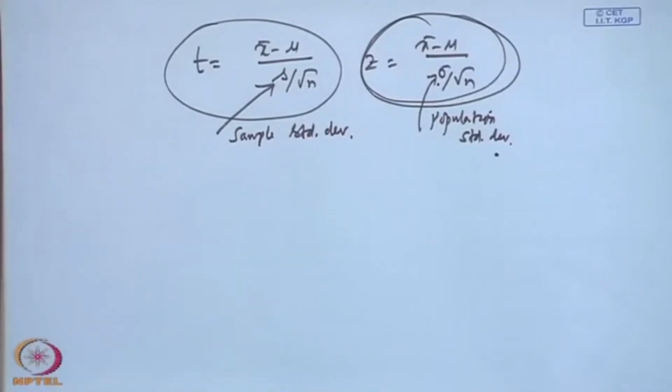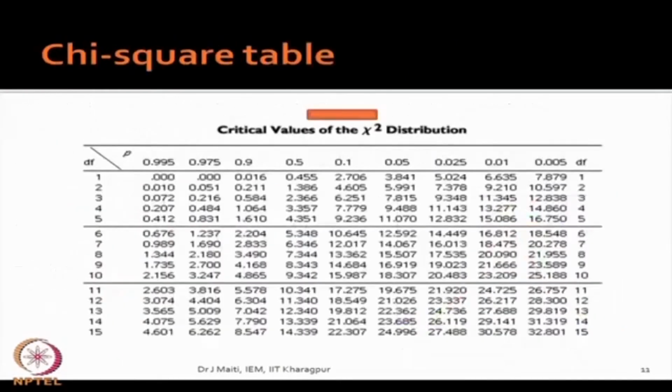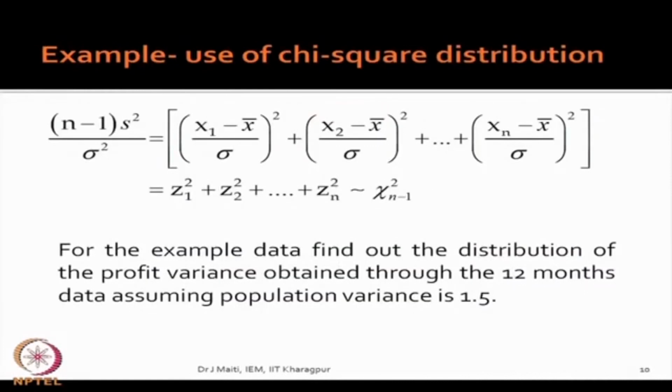What is the bottom portion? Earlier I showed you that n minus 1 s square by sigma square follows the chi-square distribution. You go back, you will see. This one, chi-square distribution.